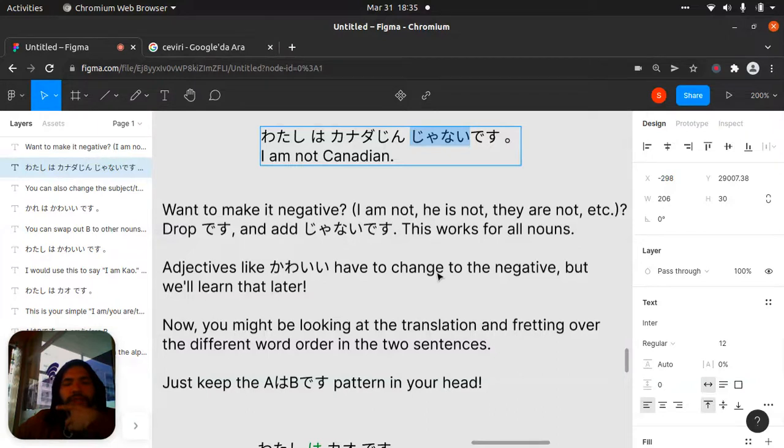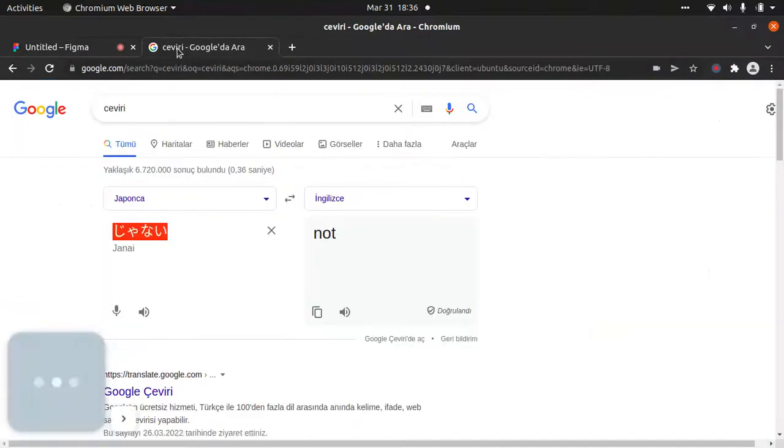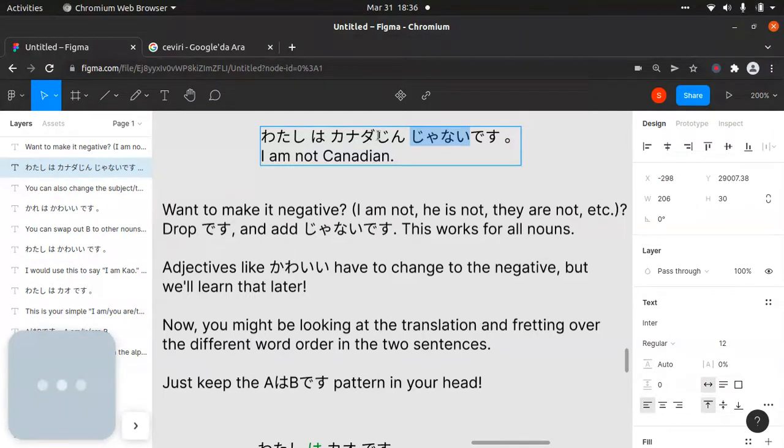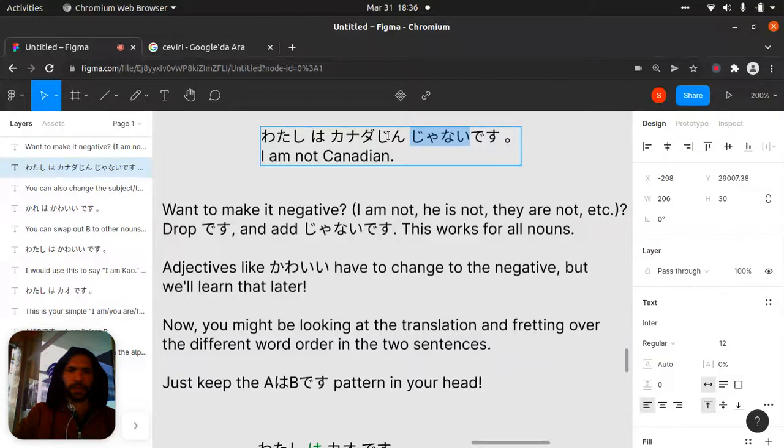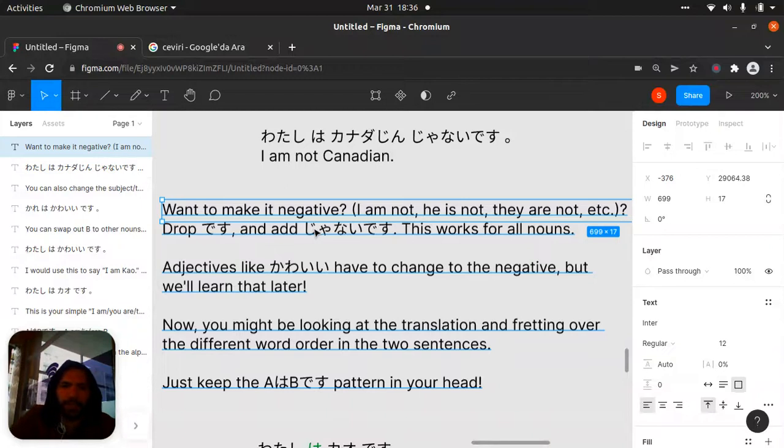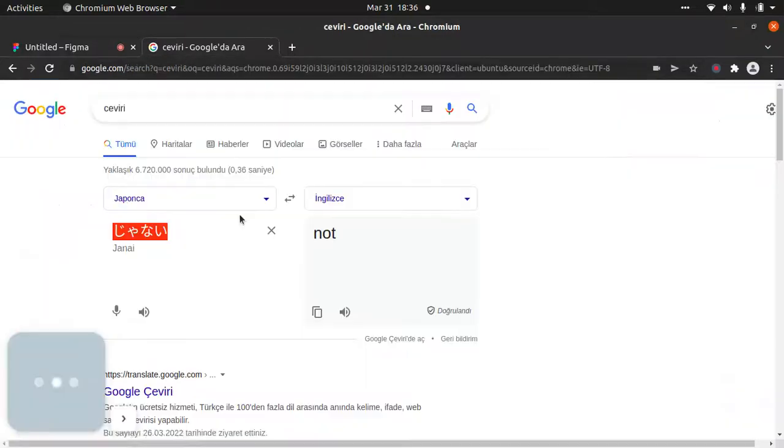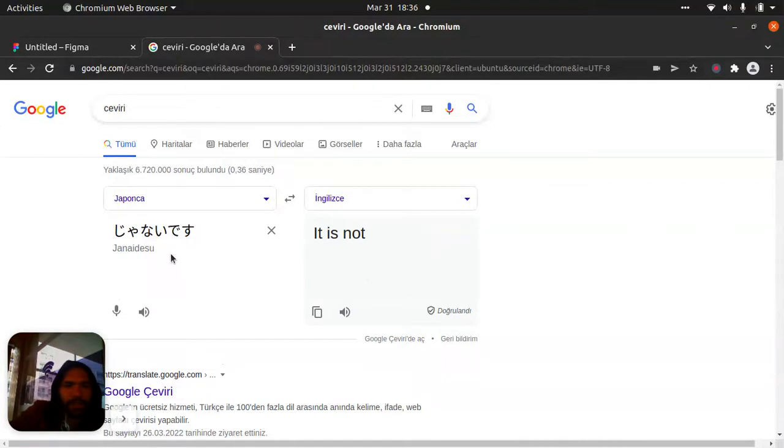Wa again will be there, and between desu and wa, our verbs or nouns will be there at the same time with ja nai. Okay, ja nai. If you want to make it negative, like I'm not, he's not, they are not, the desu will drop, I think, and add this one. Okay, I understood ja nai.